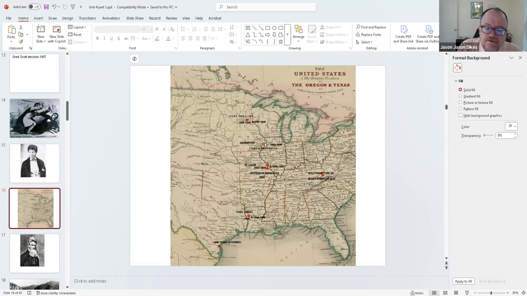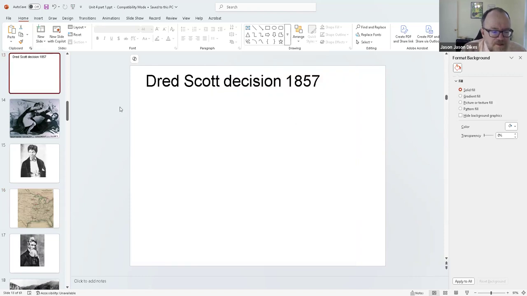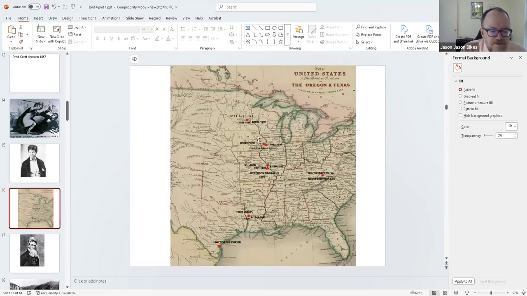I don't think slavery is protected in Illinois or what will one day become Wisconsin. No, that's Minnesota. Can you hold a man in bondage where the law doesn't allow it? Well, Scott had been owned by an army doctor, and his army doctor owner had clearly taken him into places where slavery was not legal.